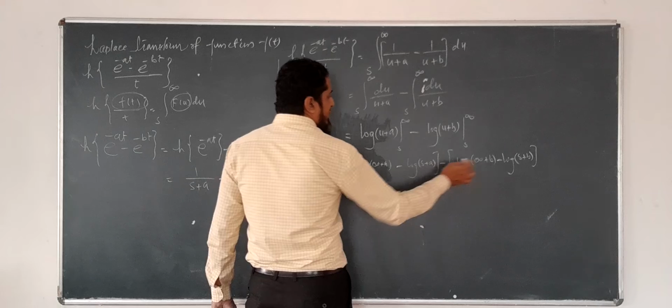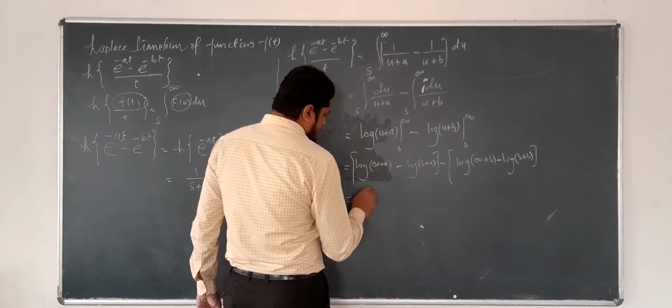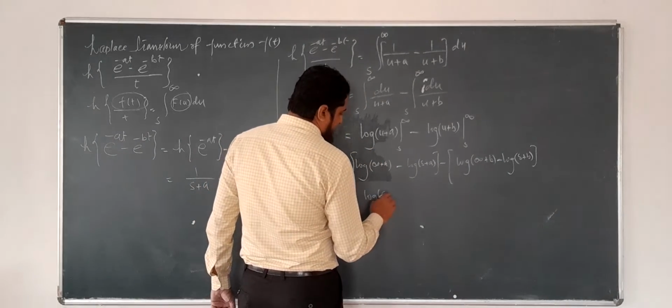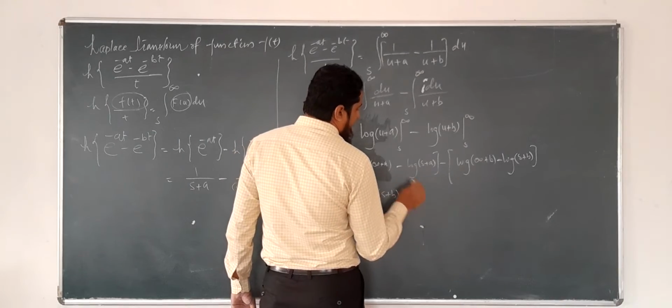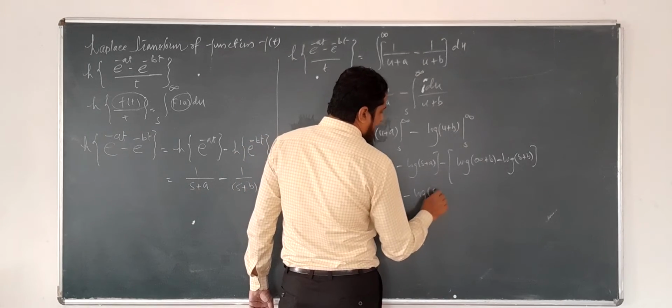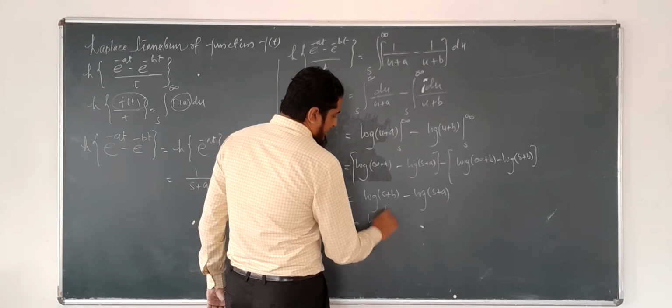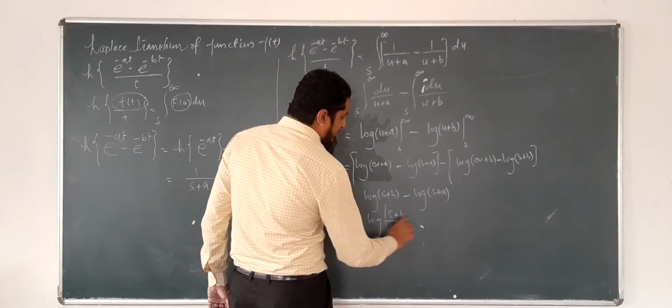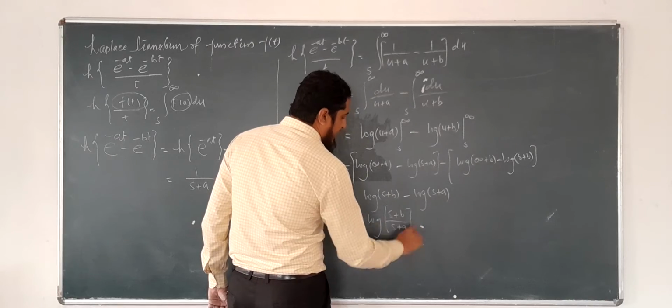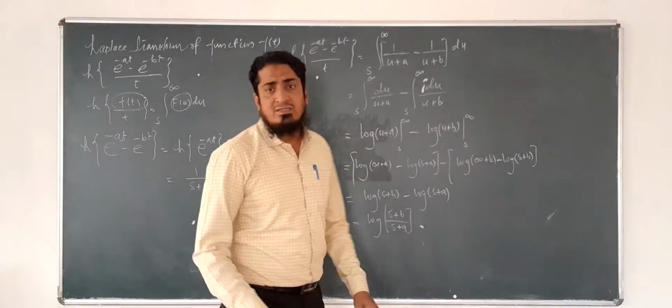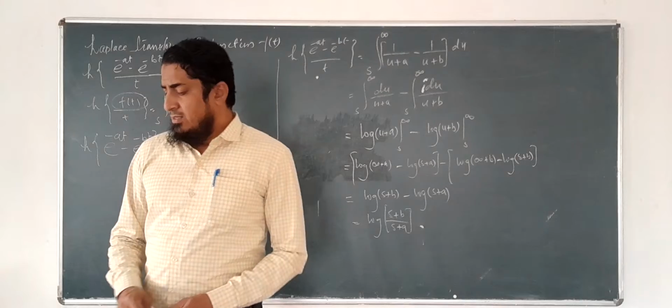We will get minus minus plus, we get log of s plus b minus log of s plus a, and we will get log of (s plus b) upon (s plus a), and it is our final answer.